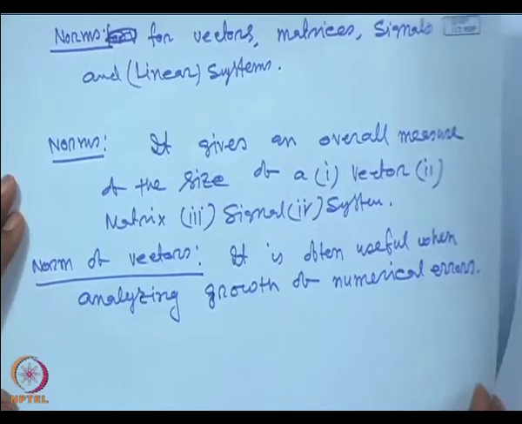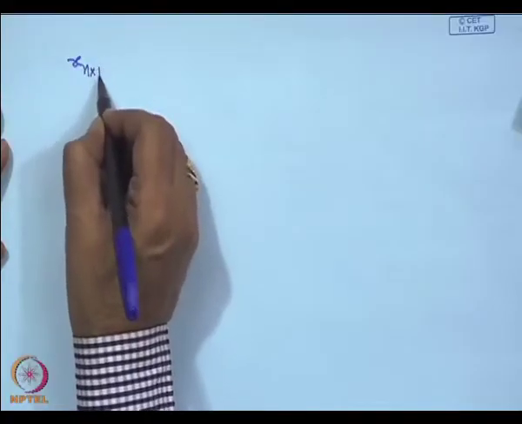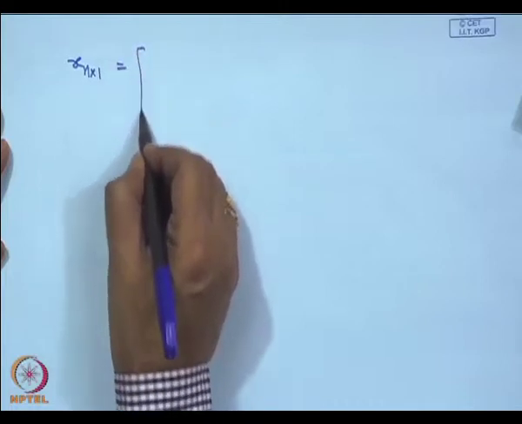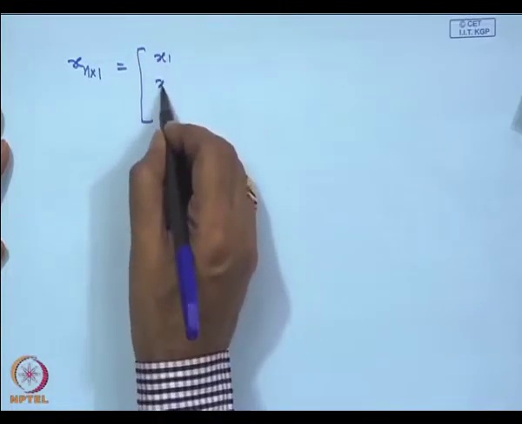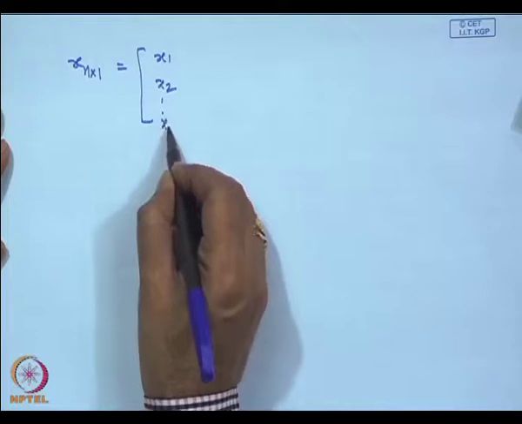Let us recall how to find the norm of a vector. There are different norms, used in different contexts. So, let us say we have a vector whose dimension is n, which is written as x 1, x 2, up to x n, the elements of this vector.